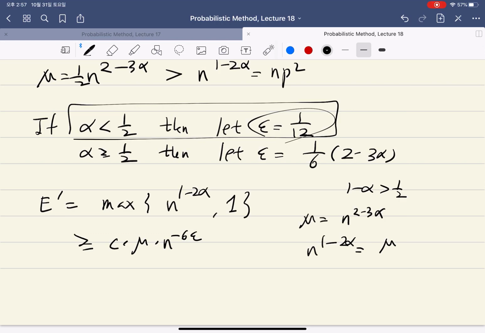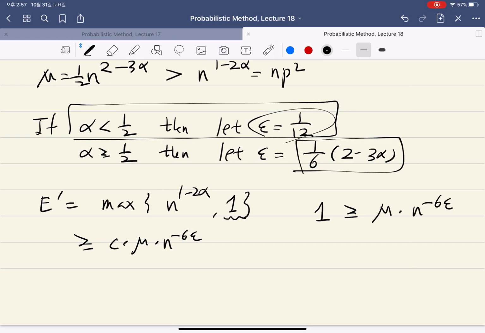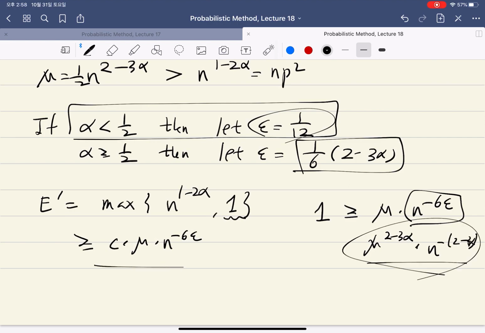Oh yeah, we don't have to do this. And this is also at least 1, right? So 1 is at least mu times n to the minus 6 epsilon in this case. Because mu itself is n to the 2 minus 3 epsilon, and this is n to the minus 2 minus 3 epsilon. So this part is smaller than or equal to 1.